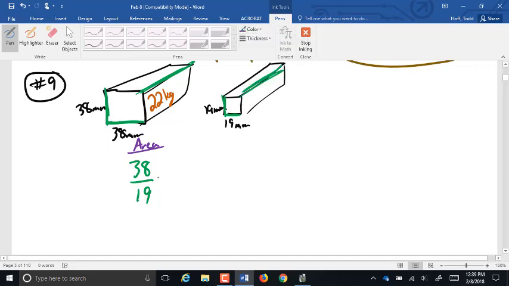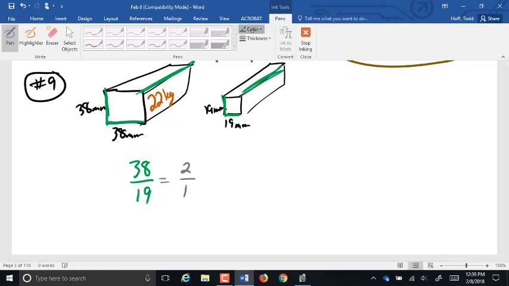Now, I'm going to reduce that to 2 to 1. Both of those divide by 19. So it's a 2 to 1 ratio of areas. Is that correct? No, it's a 2 to 1 ratio of lengths.